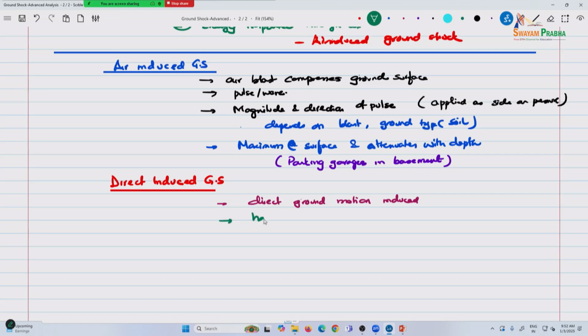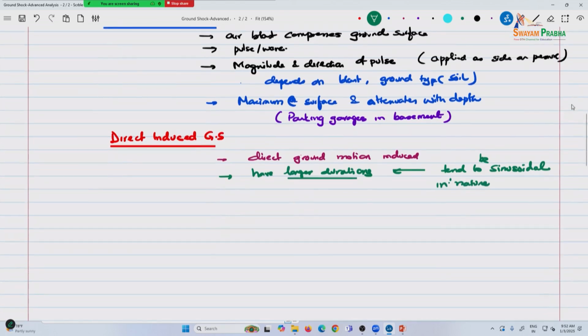And they have longer durations because they tend to be sinusoidal in nature. Any stress wave or any wave for that matter is sinusoidal, so then they tend to have clearly longer durations.